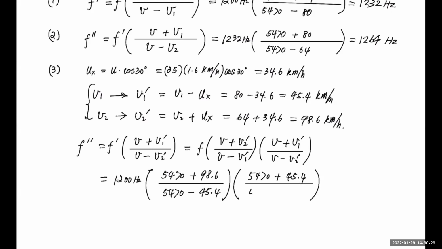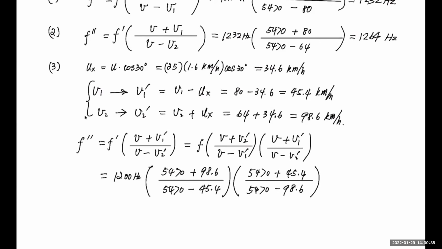And then lastly, 5470 minus 98.6. Okay, and what is the numerical value? If you did that, the answer turns out to be 1265 hertz. Very close to the result of part 2, which is 1264. But the formula is different. Okay, so the result is also slightly different.